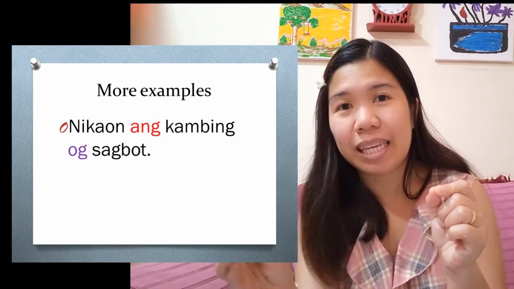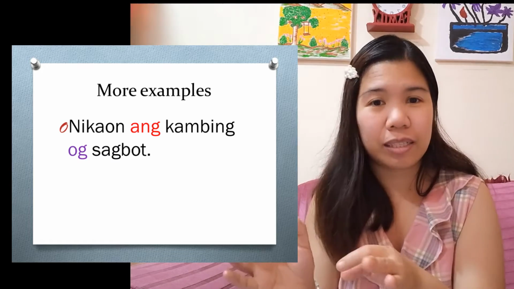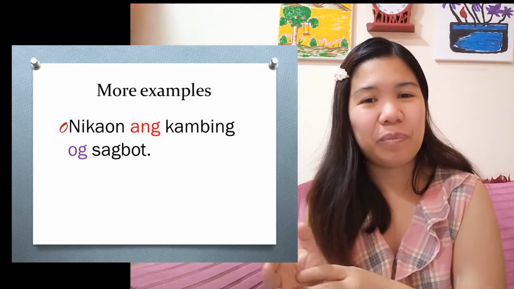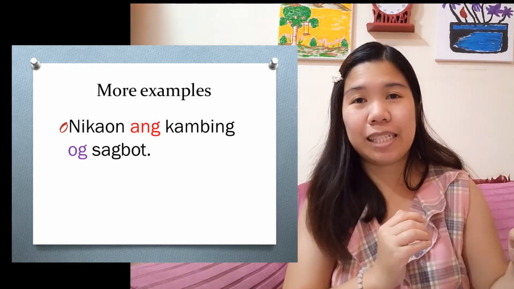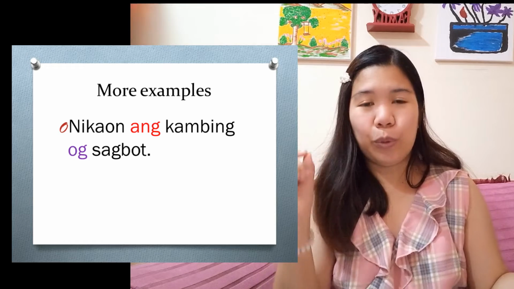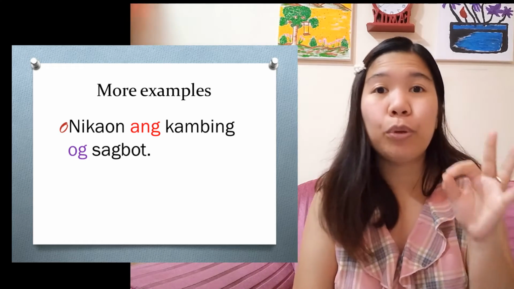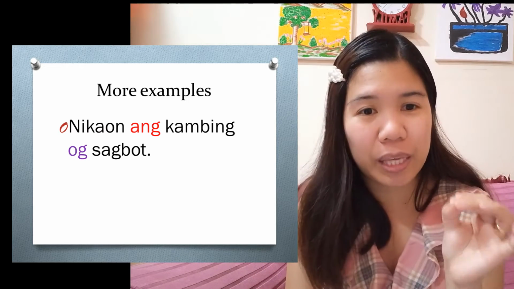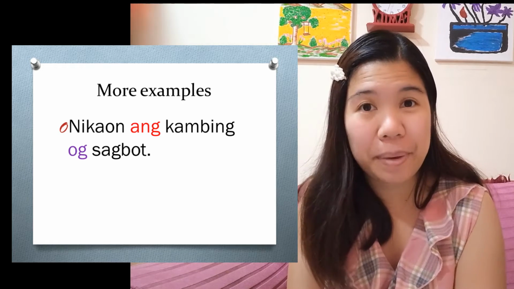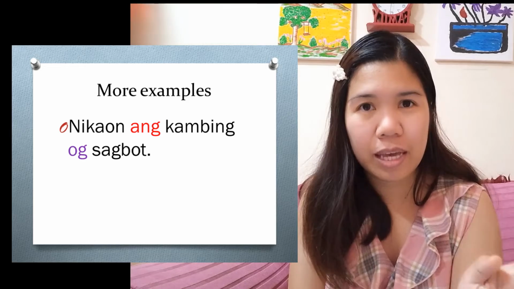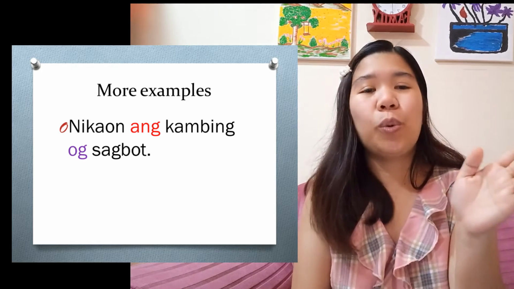So if you add ni, it becomes in the past. So, ate. Nikaon ang kambing. Kambing is goat. And then, ug sagbot. Sagbot is grass. Okay? So, what is the subject of our sentence here? Kambing. Right? So, the goat. So, what did the goat do?